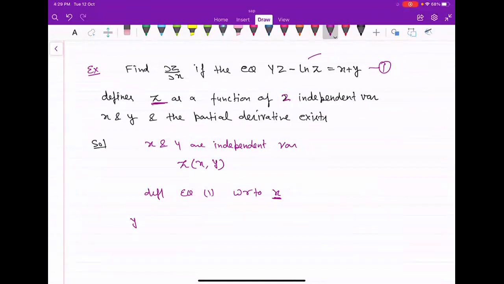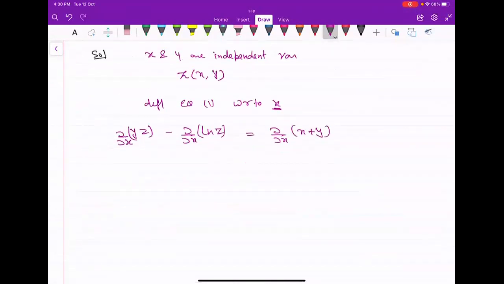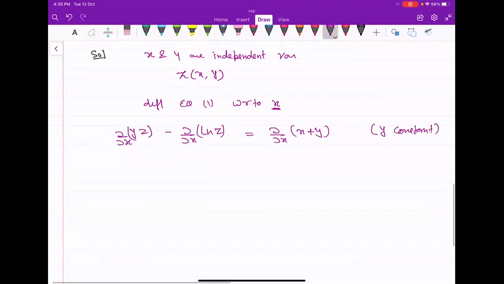So we will differentiate as del over del x of yz minus del over del x of ln z equal to del over del x of x plus y. Understand? In the differentiation, y will be treated as constant, because x and y are independent. So y is as it is.